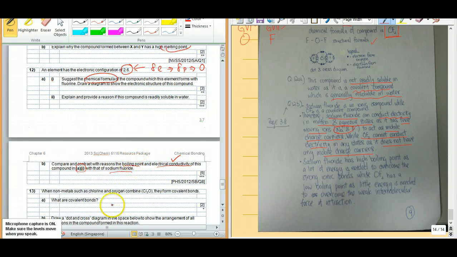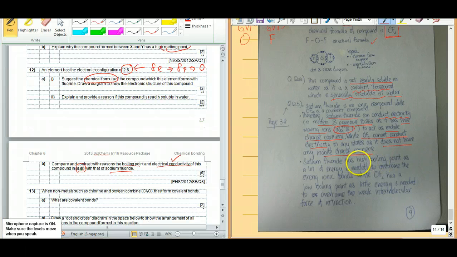Now we need to move on to the boiling point. So for sodium fluoride, it has a high boiling point, as a lot of energy is needed to overcome the strong ionic bonds. Next up, for OF2, because it's a covalent compound, it has a low boiling point. Why is it so? Little energy needed to overcome the weak intermolecular force of attraction.